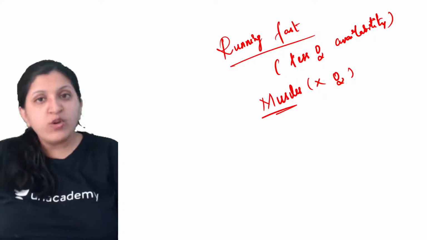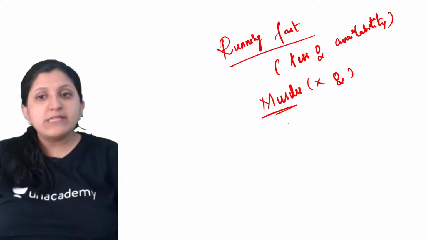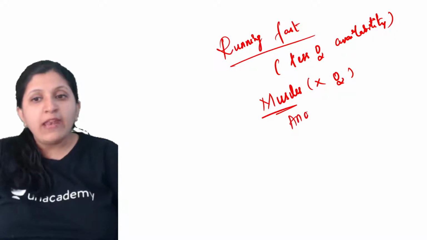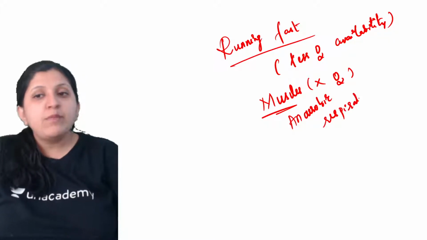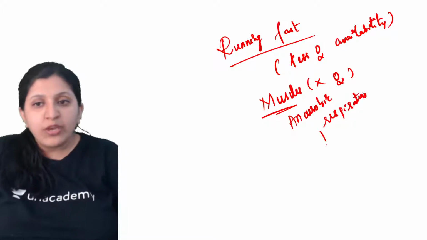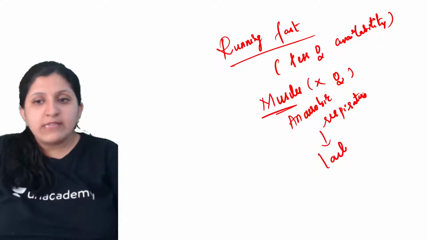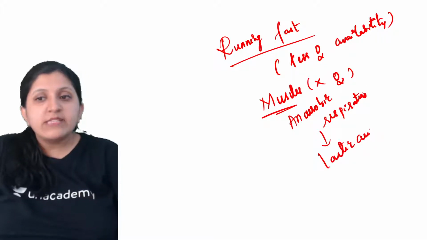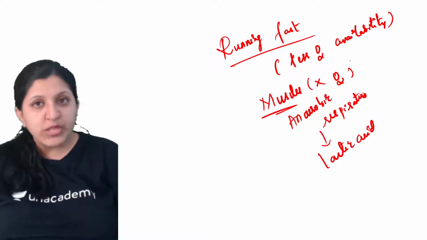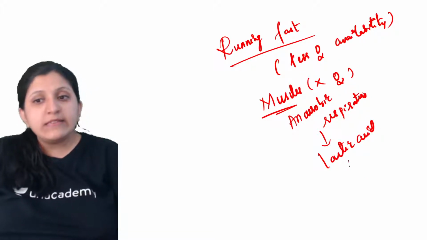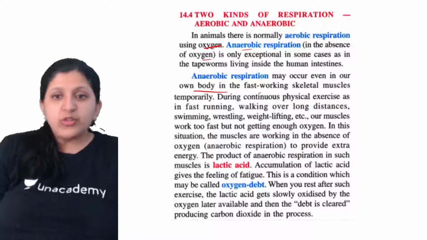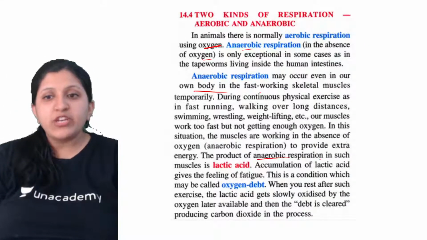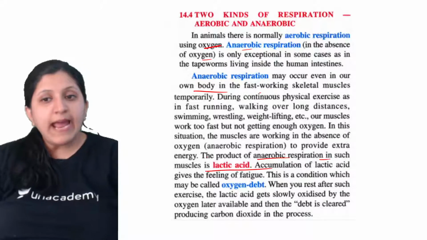In all those cases, these muscle cells will undergo anaerobic respiration. Anaerobic respiration is basically the same glucose broken down into lactic acid. Lactic acid formation will occur without the oxygen, so the product of anaerobic respiration in such muscles is lactic acid.